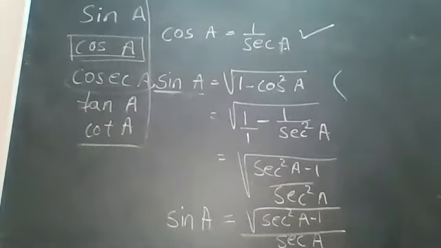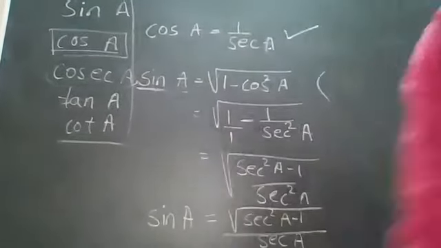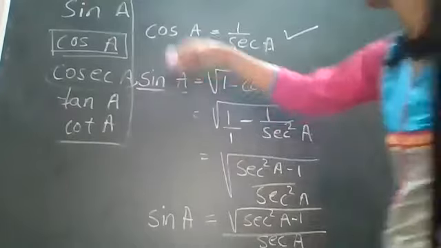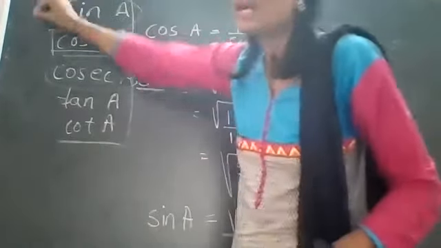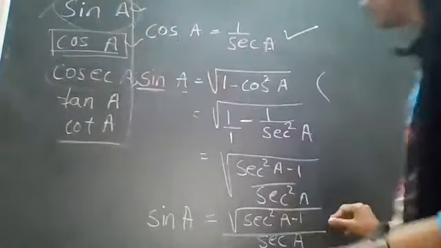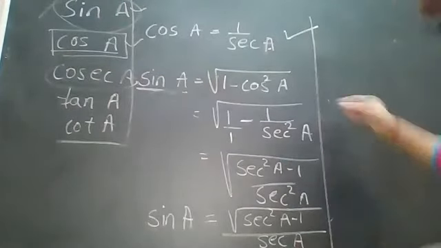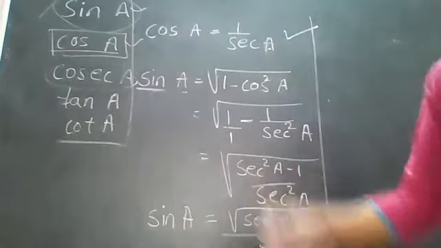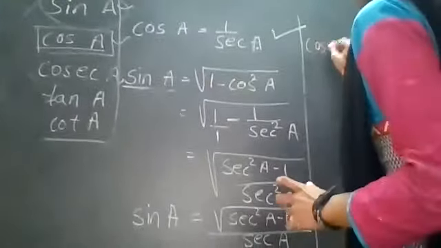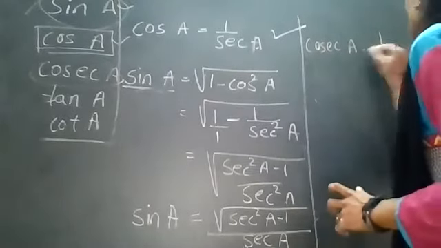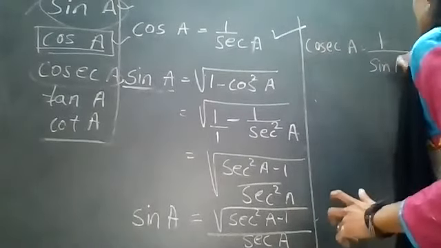Yes, ma'am. Okay. Now what can we write? Next, the opposite of sin we will take. This we have done, right. Now we are going to find cosec A. So how will we find cosec A now? It is 1 upon sin A. So cosec A is equal to what? 1 upon sin A. Why?